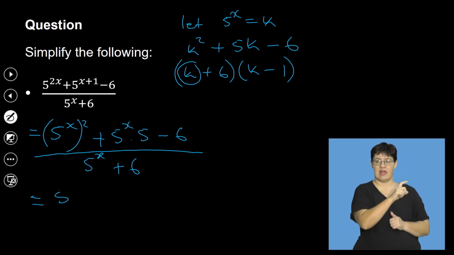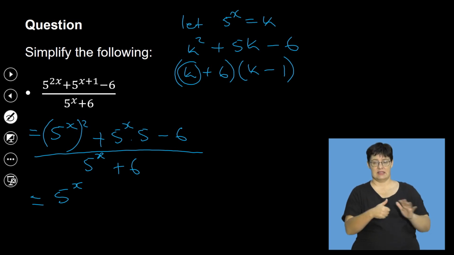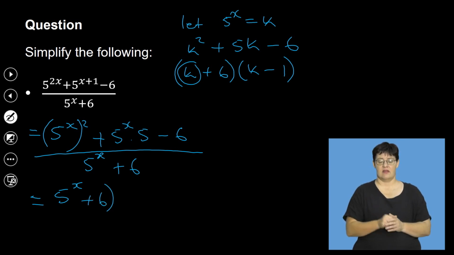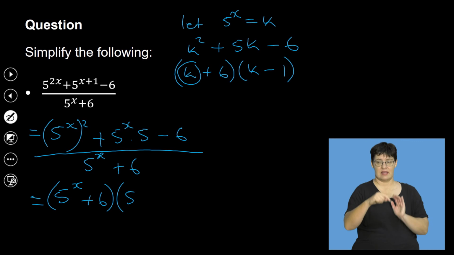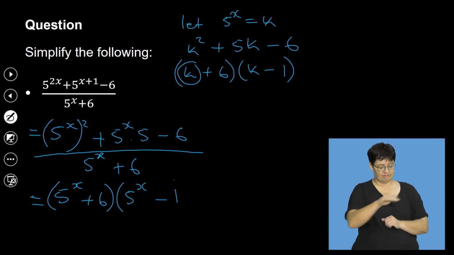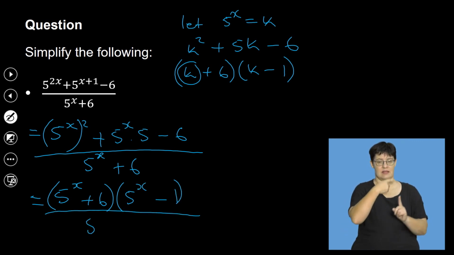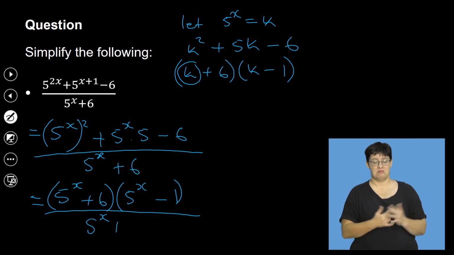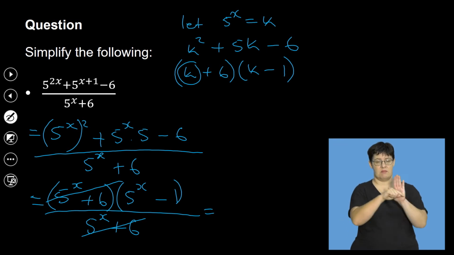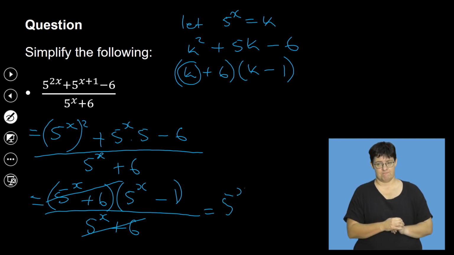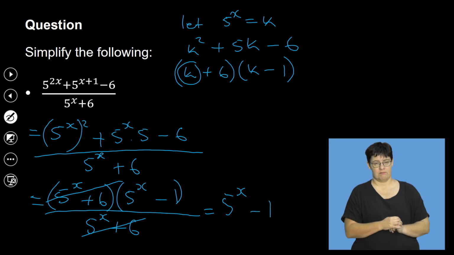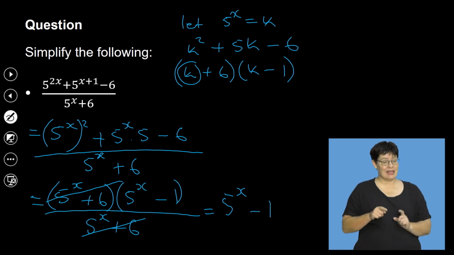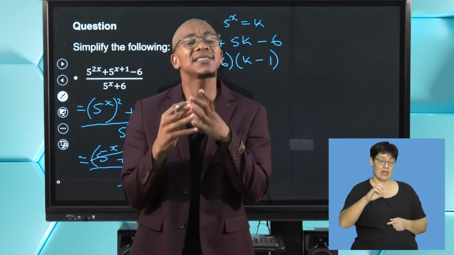So this will be 5 to the exponent of x plus the 6 into 5 to the exponent of x minus 1, all divided by 5 to the exponent of x plus the 6. Remember again, this and that look alike, then the answer will finally be 5 to the exponent of x minus 1.